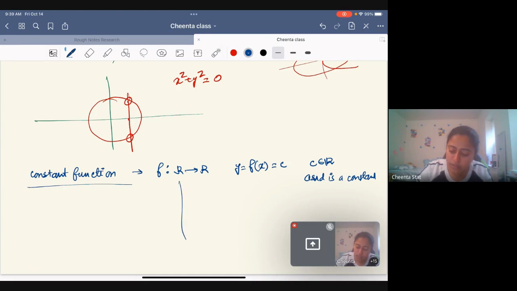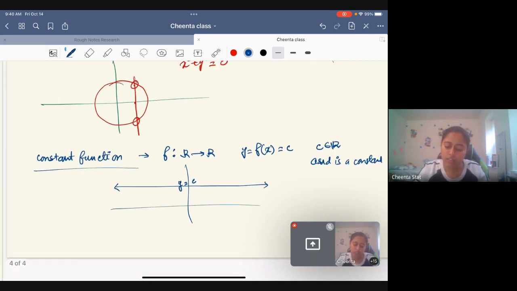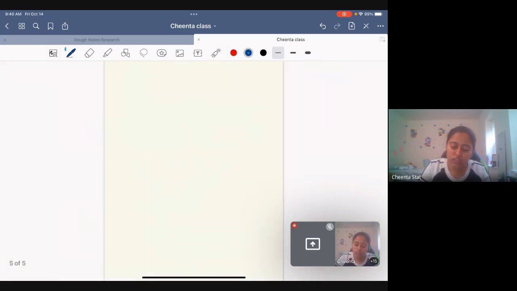So what will be the graph of this function? Of course, the domain is real and range is also real, but y takes a specific value c. So this is c, y equals c. This is the constant function.